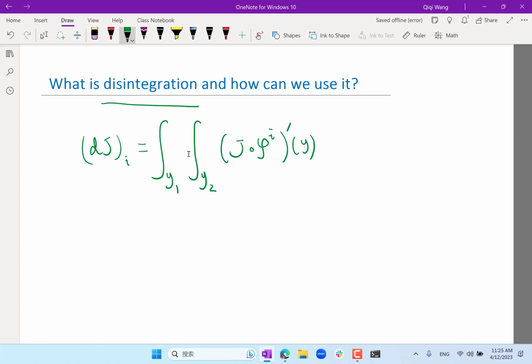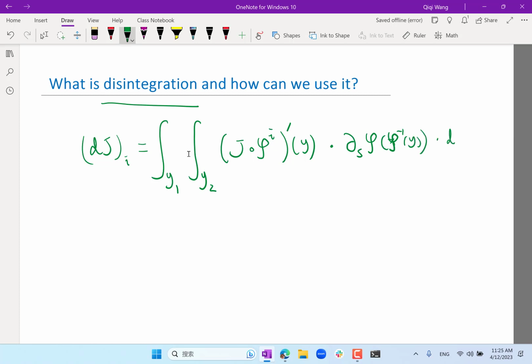The gradient of that is multiplied by the perturbation of the map evaluated at x, which is the pre-image of y, so I can just write it as phi inverse of y times d.